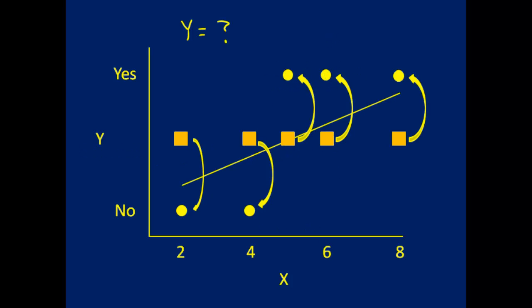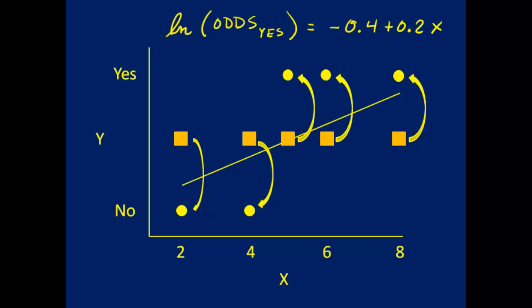So how are we going to use this idea of a random category generator to build our model here? Well, I'm just going to show you the answer, and this is what it is. The way we do this is that the structural component of the model gives us the natural log of the odds of yes for the random category generator.